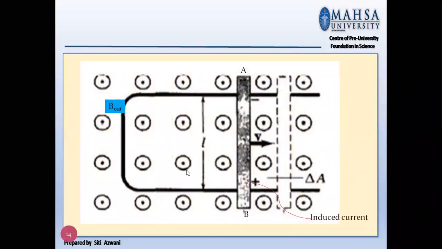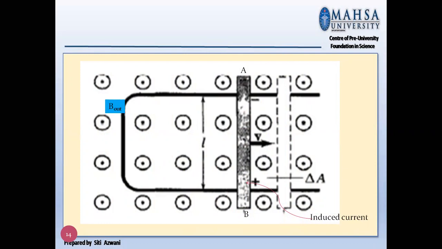You can try using your right hand. The thumb shows the direction of the motion of your conductor, so your thumb points to the right.